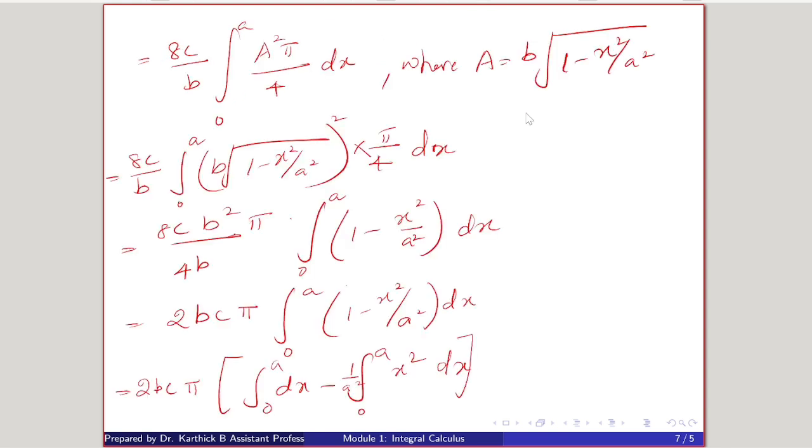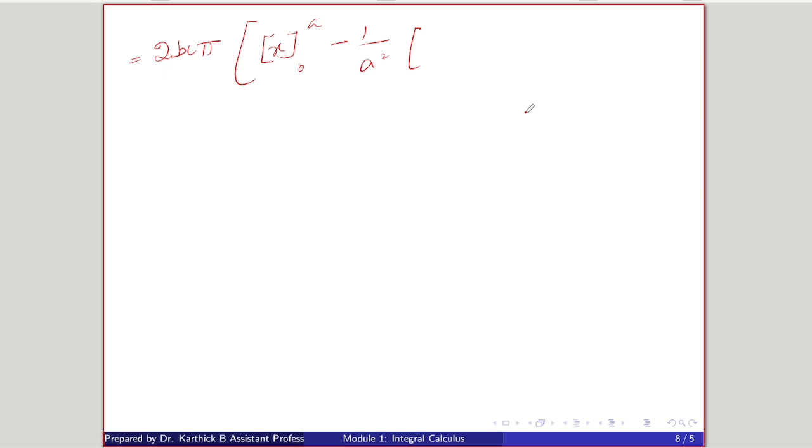Okay, on the next step it will be 2bc pi, and while evaluating this, 1 by a square is constant, and the integral of x square will become x cube by 3, 0 to a.